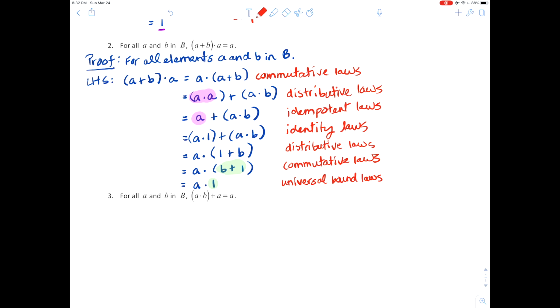And then we're almost done. We'll have A and 1 is equal to A, and that one's by identity laws.